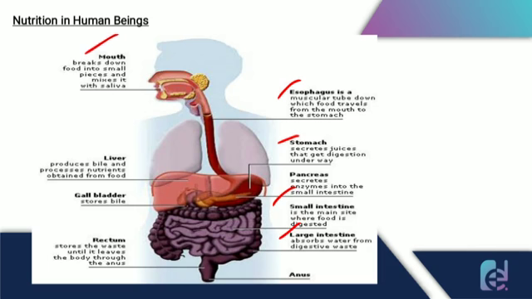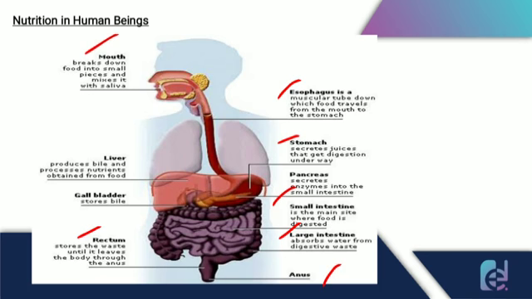The main function of the large intestine is to absorb water from the digestive waste. The last part is the rectum. It stores the waste material until it is excreted from the body through the anus. So the last end is the anus.